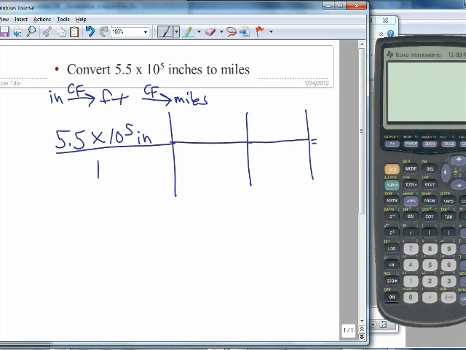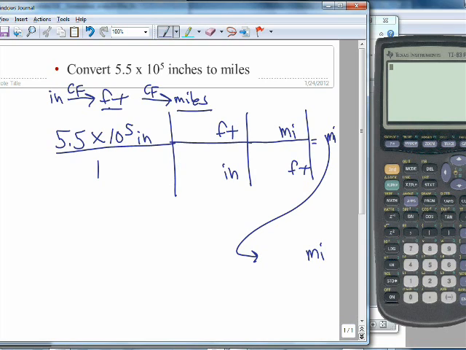So we go inches here and then inches to feet. So feet go here. And then we go feet to miles. Feet will go down here, and we end up with miles. That's what we want, miles. I'll write that down here at the end, miles.